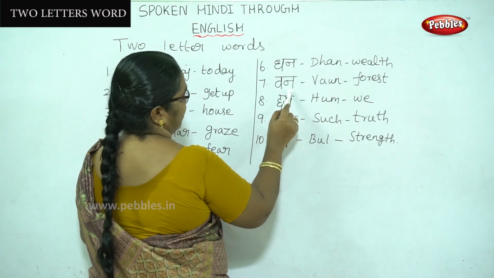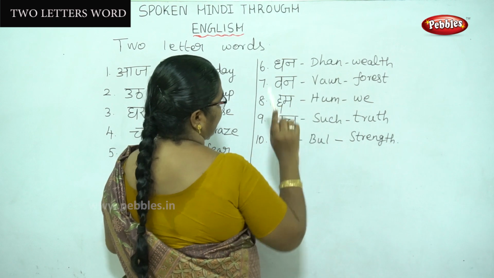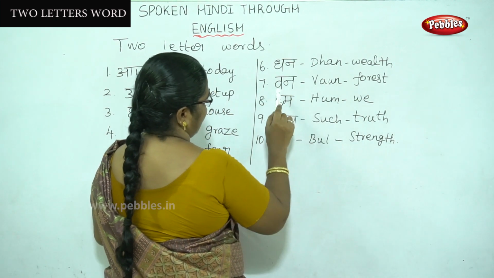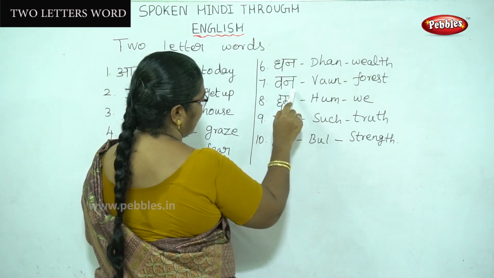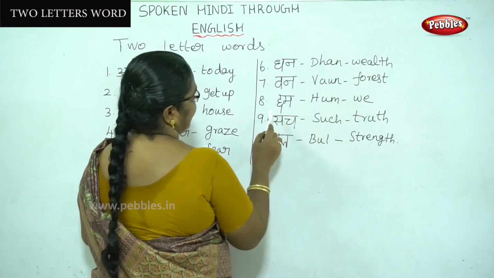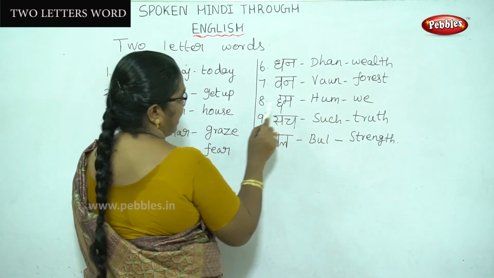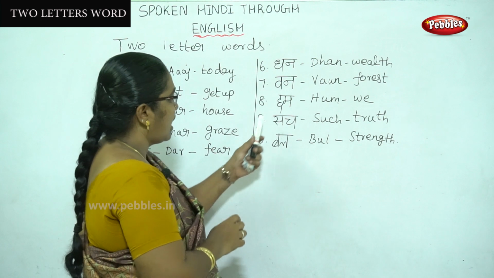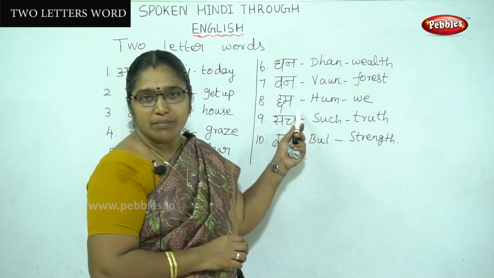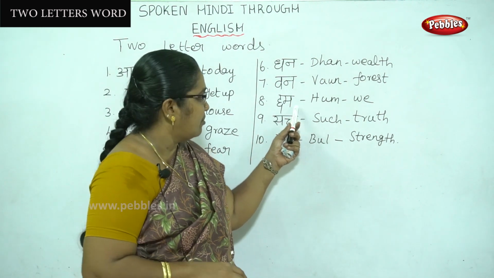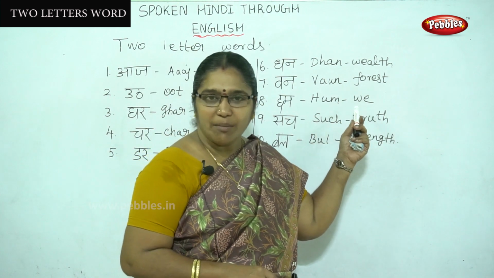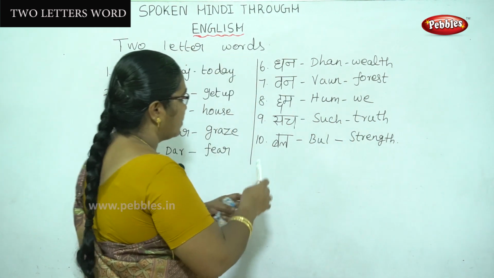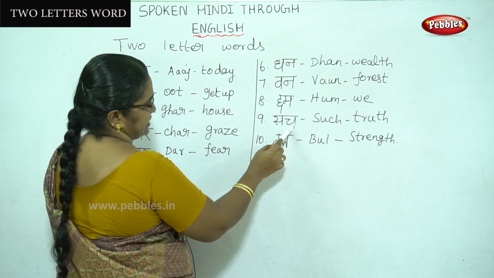That is forest. Va na, one, forest. Next one is hama. Hum. Hama, hum. We. Okay, hum means we.